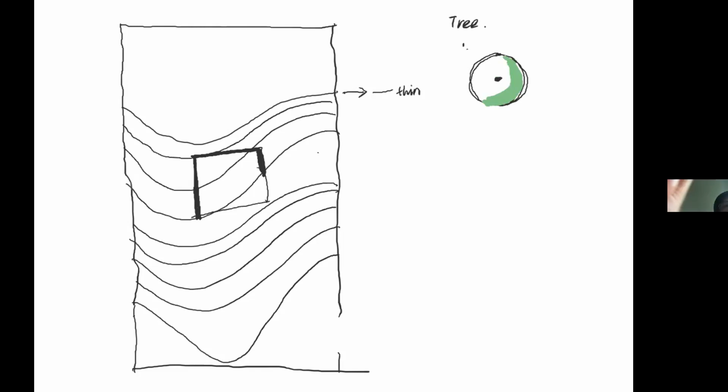Another way to draw the trees is to have the trunk in the middle, with branches. It looks like a circle, and there's another tree right here.